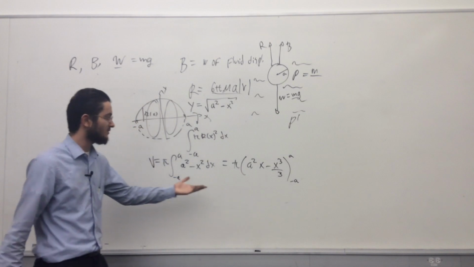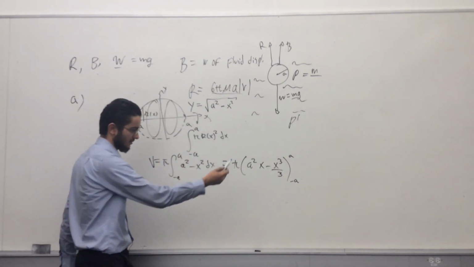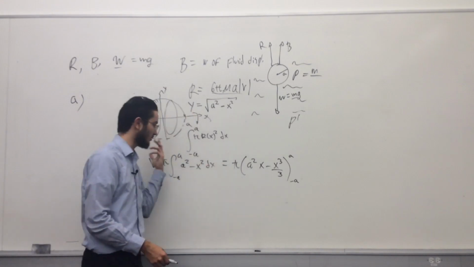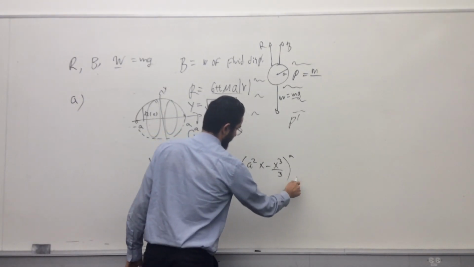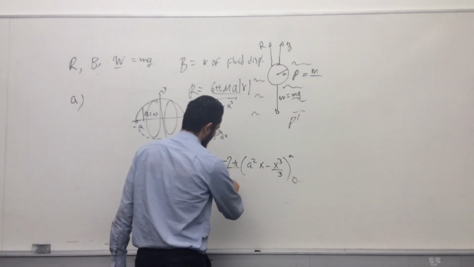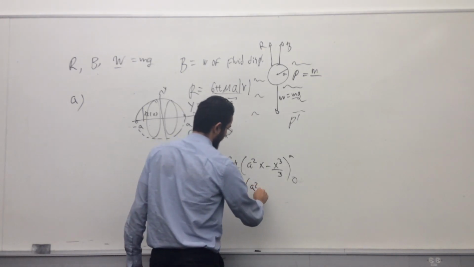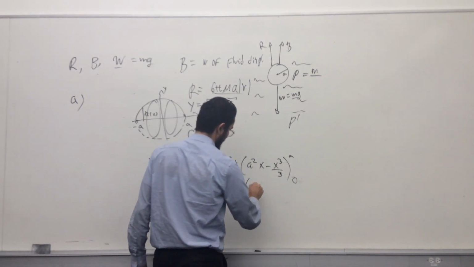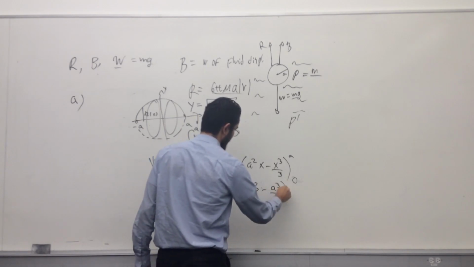And of course, because it's an even function, you can take advantage of that, and you can say that's nothing but the integral from 0 to a and then multiply by 2. So just put a 2 in front and make this 0. Now just solve for the limits. So this is 2 pi times a squared times a, which is a cubed, minus a cubed over 3, and then all of that minus 0.